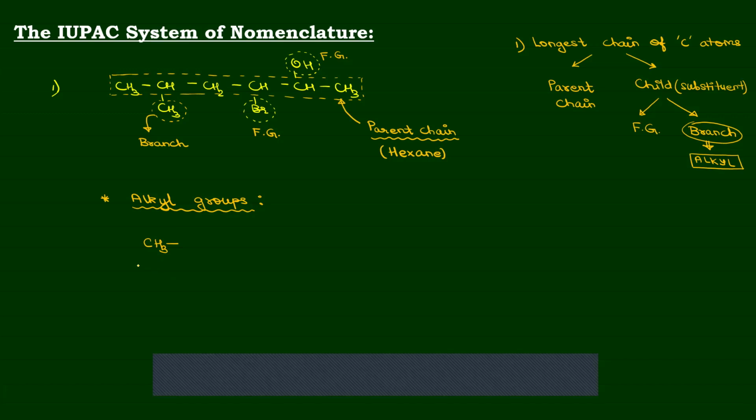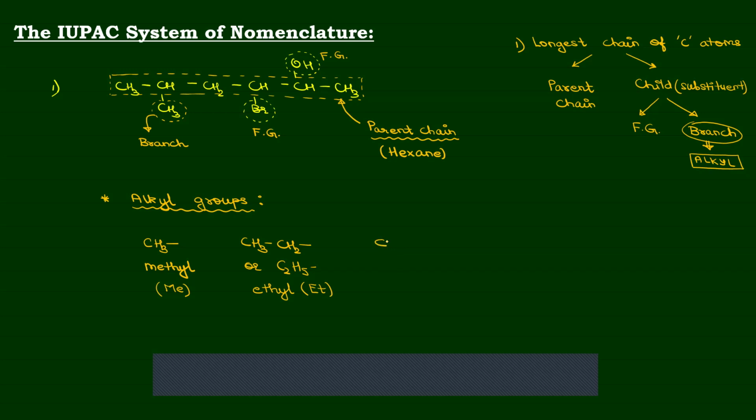Methane minus H gives you the alkyl called methyl. Then from ethane, after the removal of H, I'll get CH3CH2, or combined I can write C2H5, and it would be called ethyl. They are also abbreviated by the first two letters of their name. Methyl is Me, ethyl is Et, propyl would be Pr, butyl would be Bu, and so on.